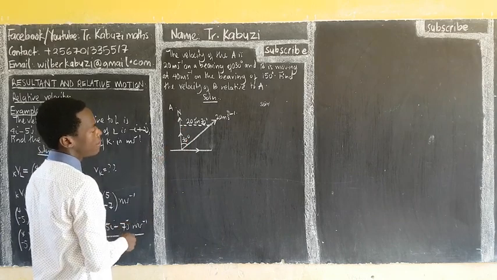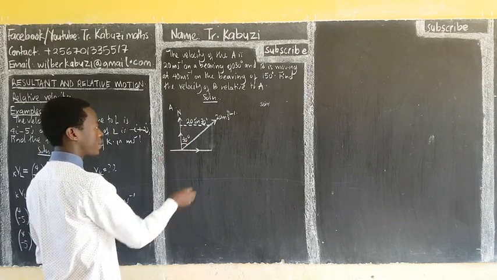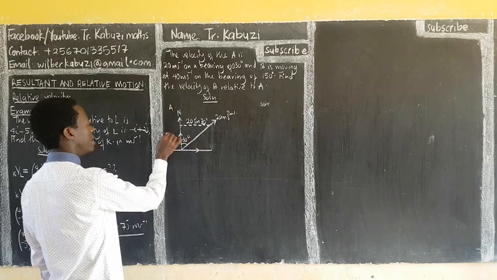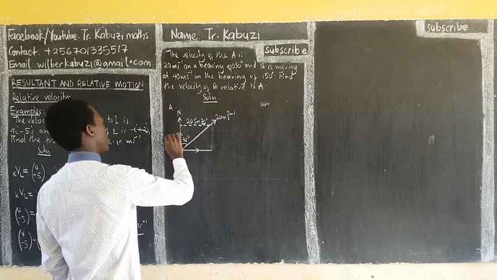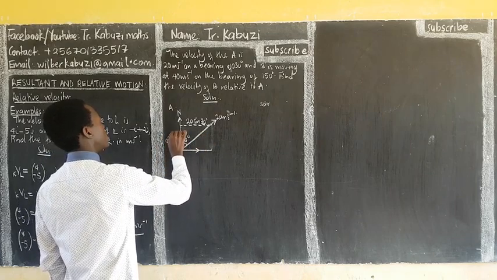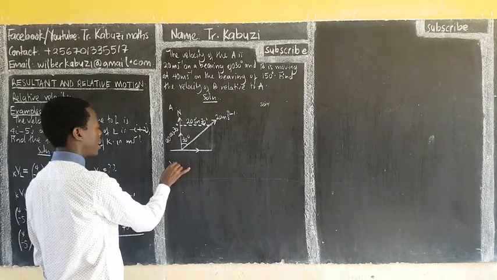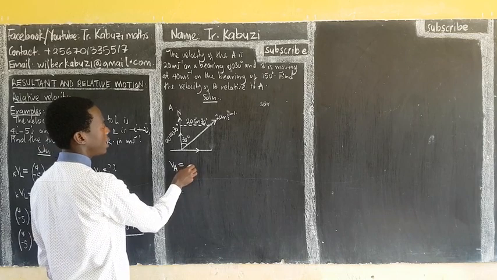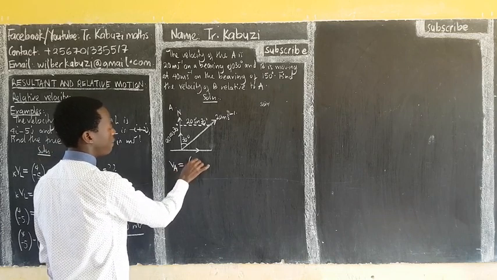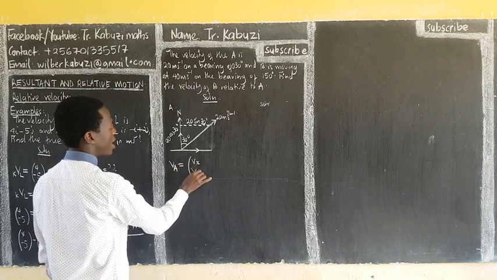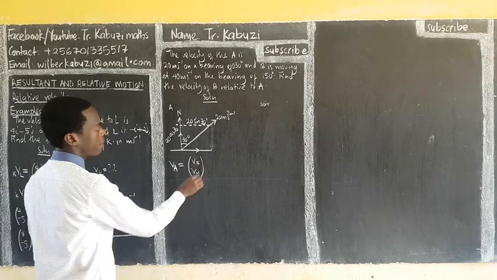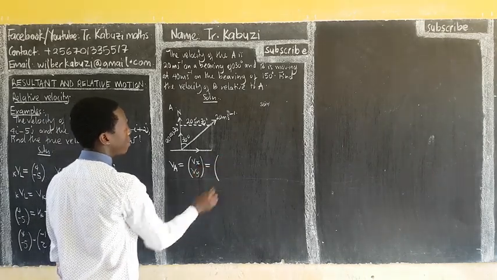And then this is going to be our adjacent, which is going to be 20 cos 30 degrees. So my velocity of A is going to be given as the x component, then the y component.